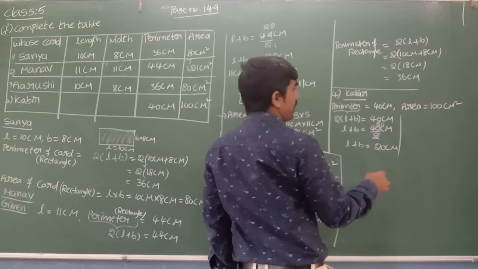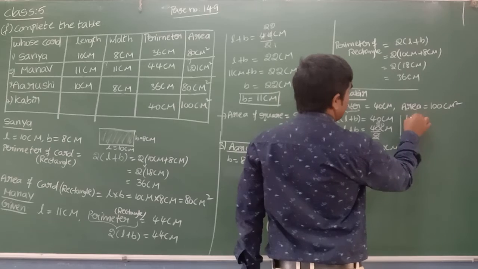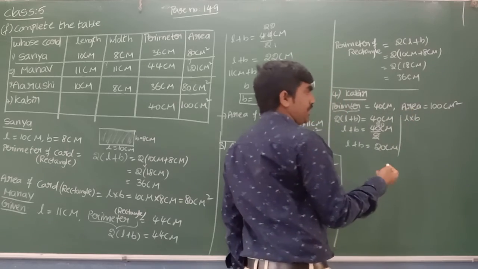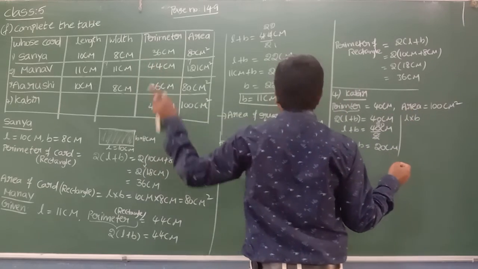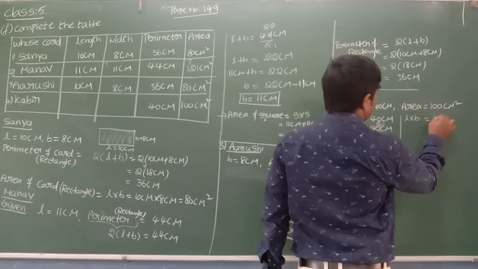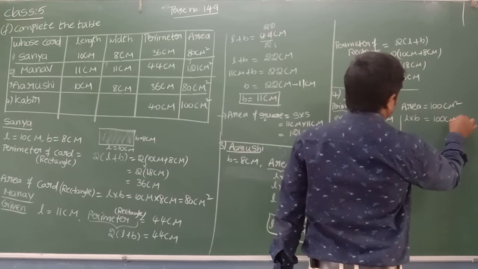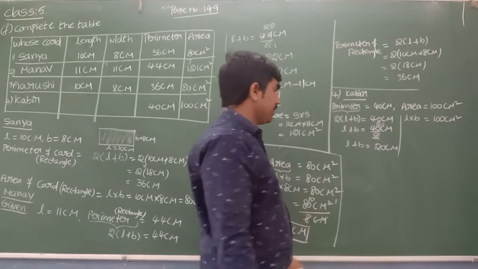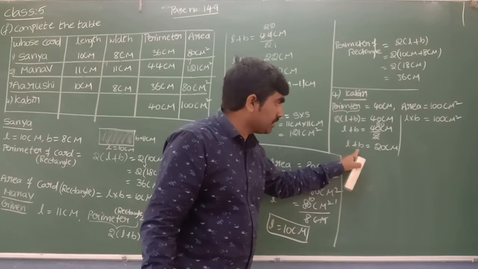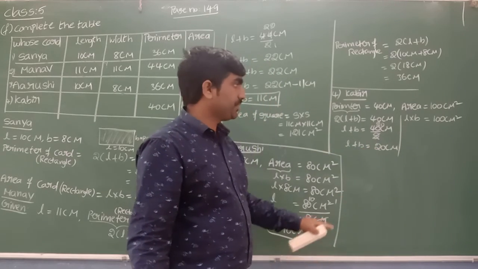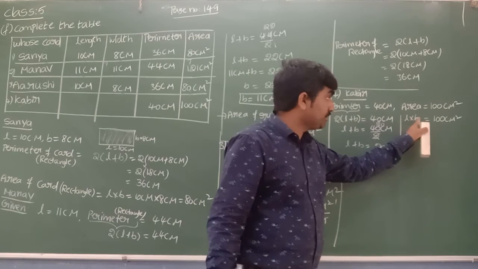To simplify the area, we take side into side, or we can take length into breadth also. Here we have length and breadth, so length into breadth is 100 square centimeters. Now see, by adding length and breadth we should get 20, and by multiplying length and breadth we should get 100.